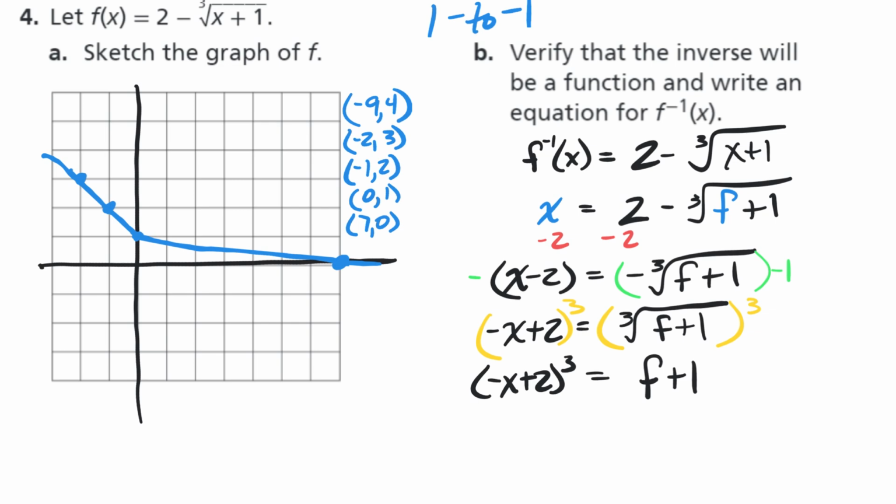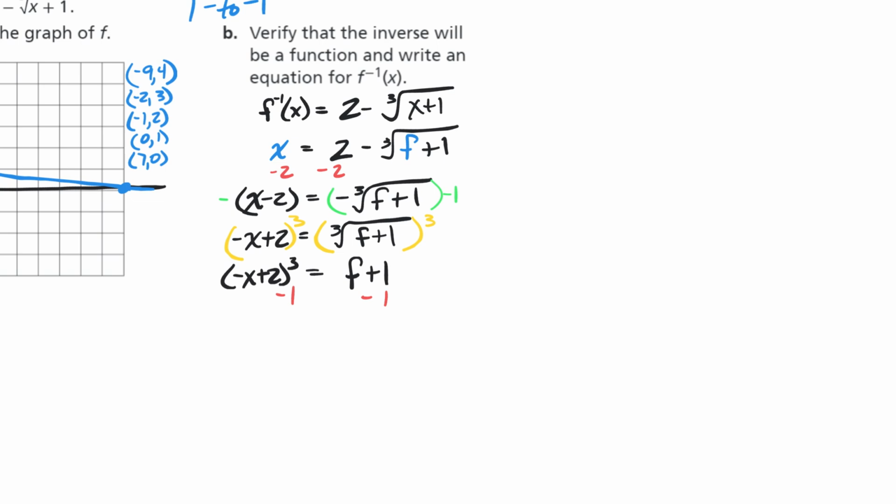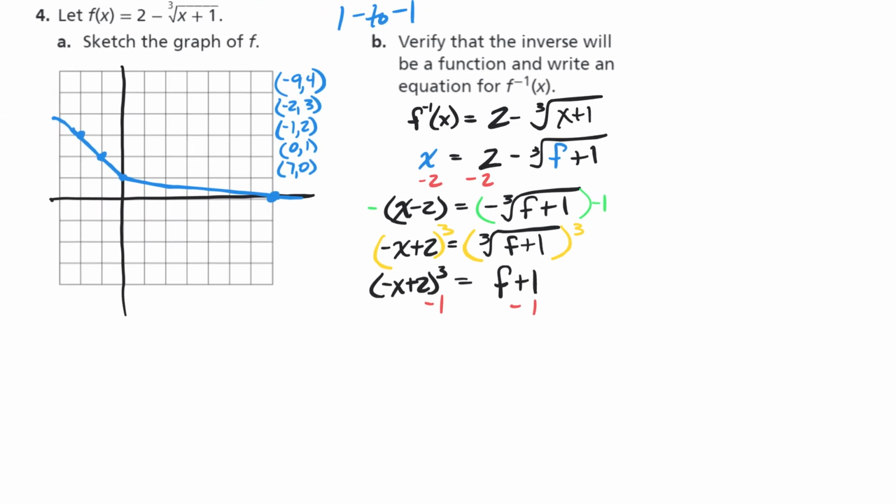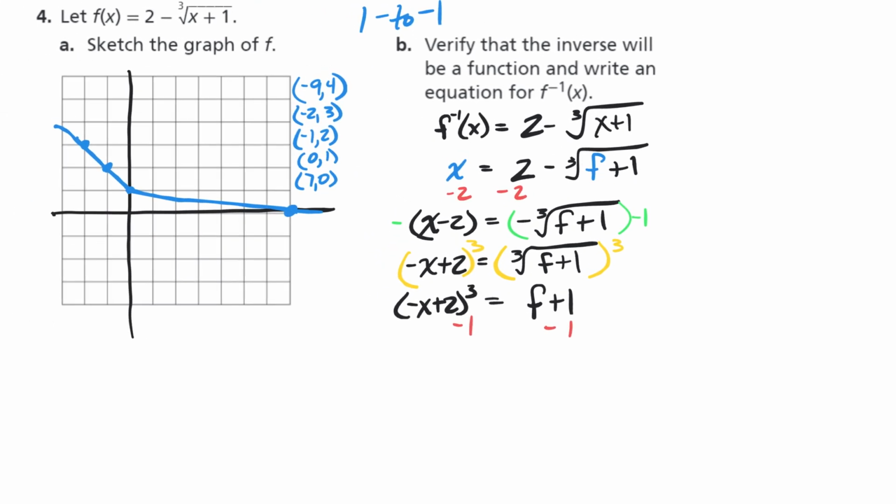It's just going to complicate things, so we're simply going to subtract 1. So what we learn is f inverse of x is equal to (-x plus 2) cubed minus 1.